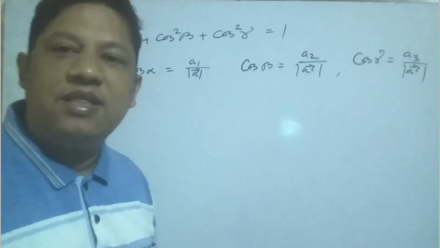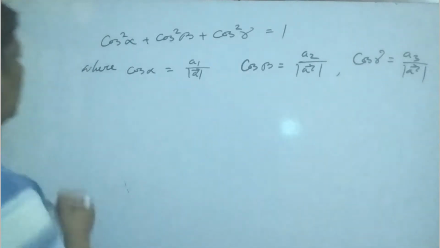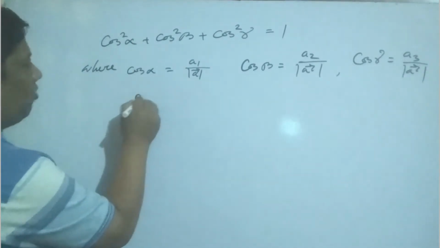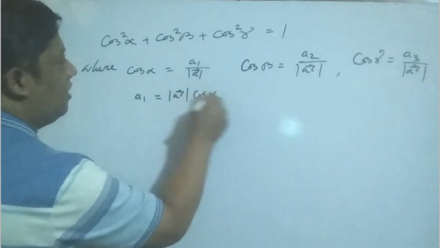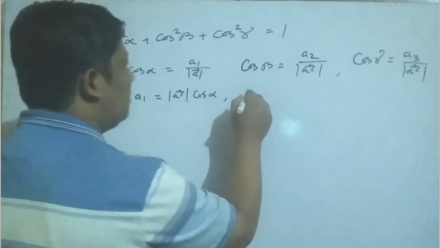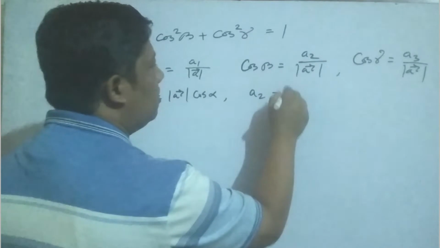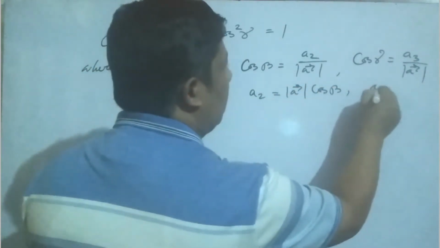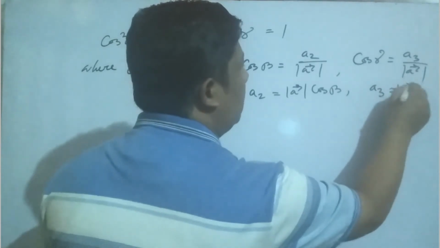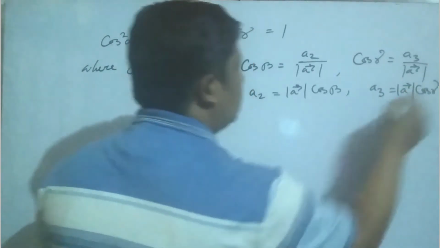Suppose if you want to find the components of the vector, then A1 equal to magnitude of A cos alpha. Next, A2 equal to magnitude of A cos beta, and A3 equal to magnitude of A cos gamma.